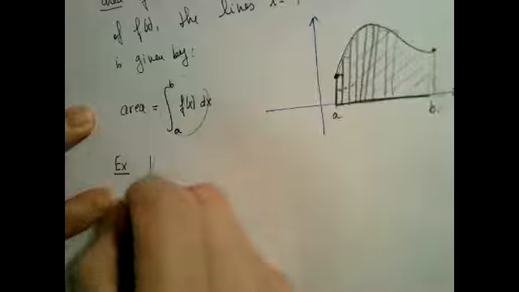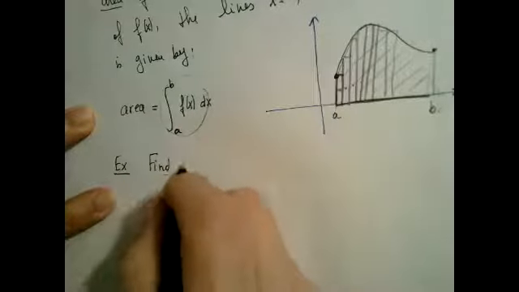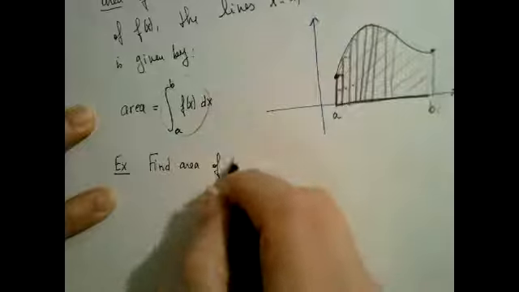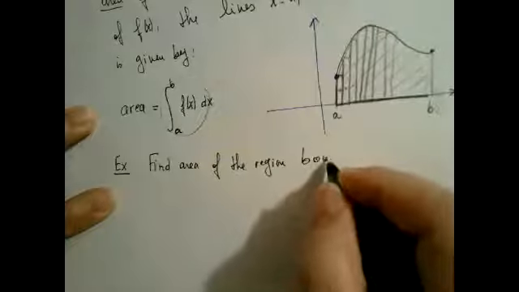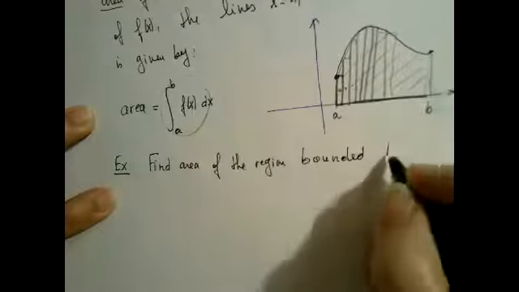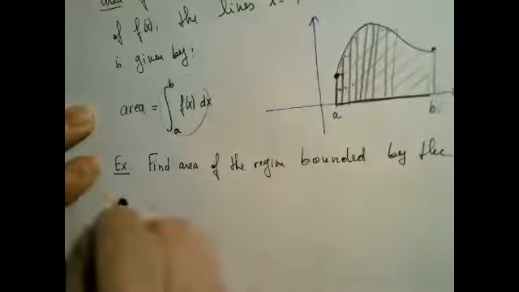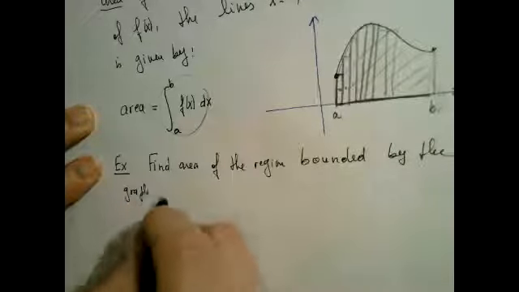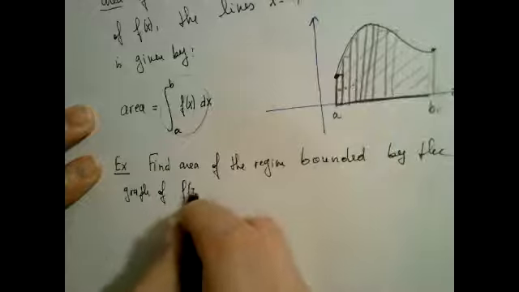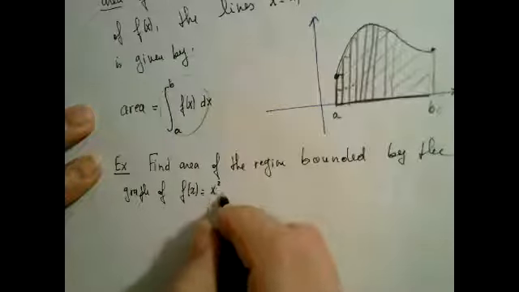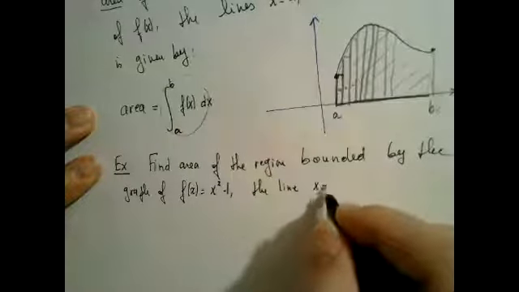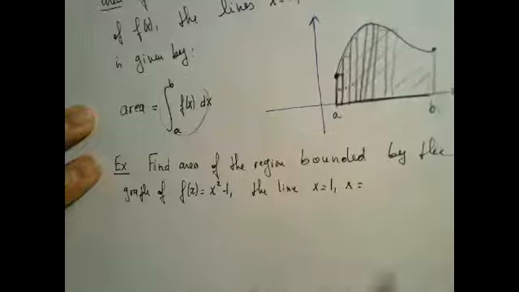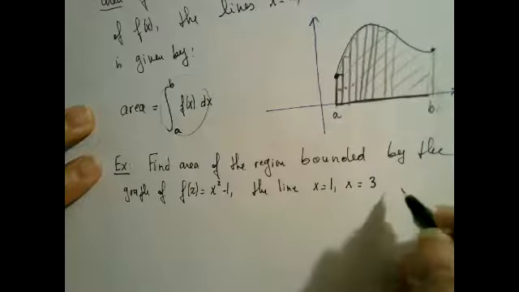Find the area of the region bounded by the graph of f of x equal x squared minus 1, the line x equal to 1, x equal, let us say, to 3, and the x-axis.